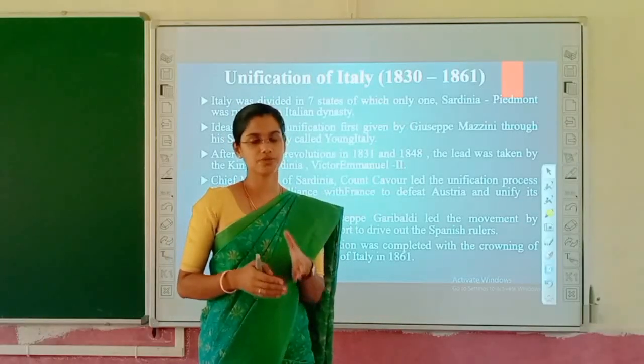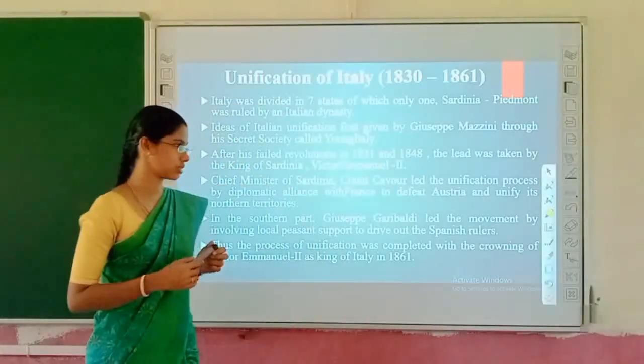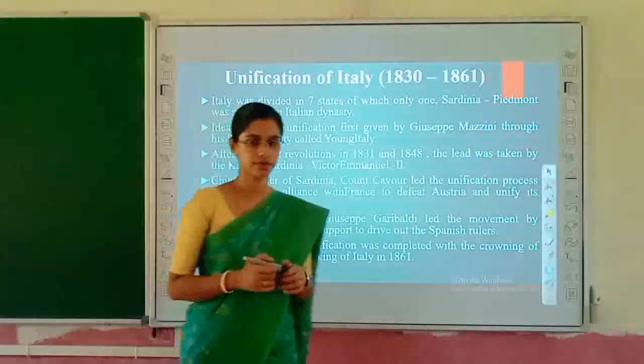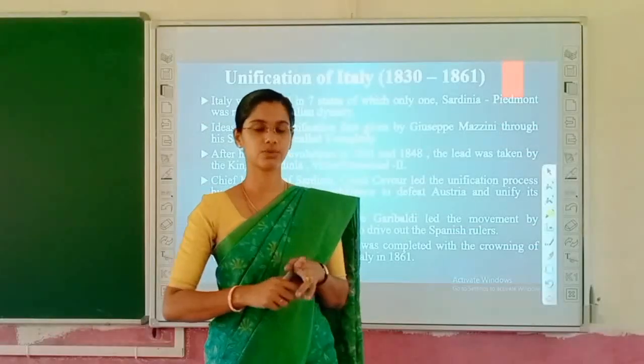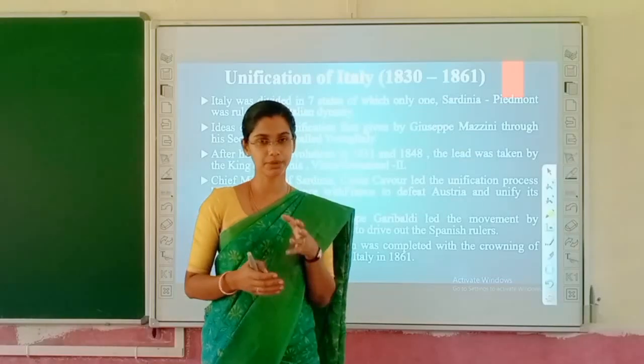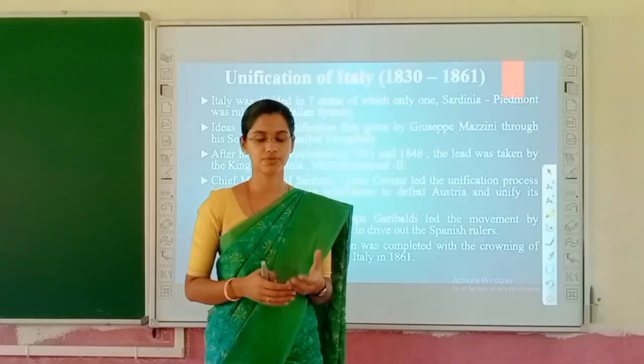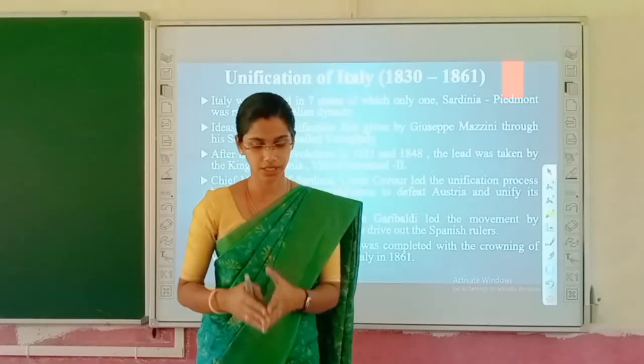The unification of Italy was a result of many wars. At that time the Prime Minister, Cavour, made a tactful diplomatic alliance with France, and he succeeded in defeating the Austrian forces in 1859.